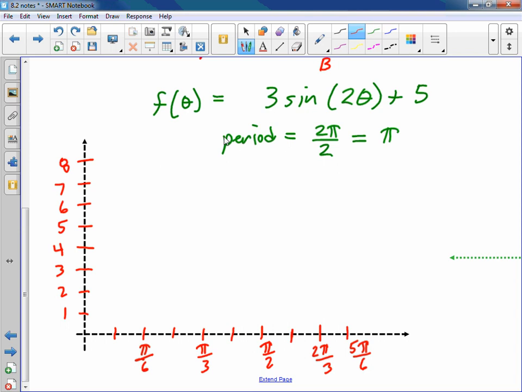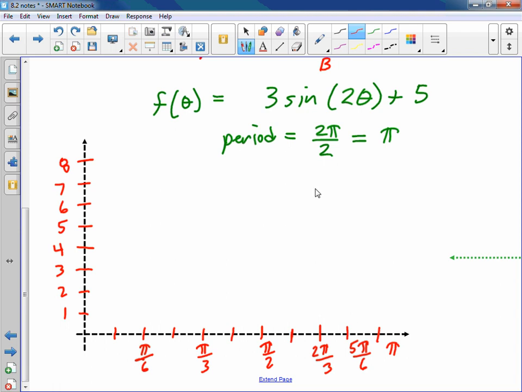We have 5 pi over 6. There's 4 pi over 6, so each of these is a pi over 6. 4 down there. So right there is 6 pi over 6, or just good old-fashioned pi. Okay, so we're good there.